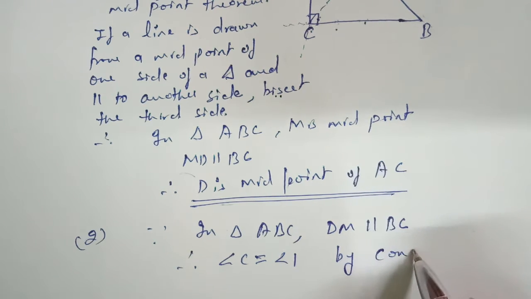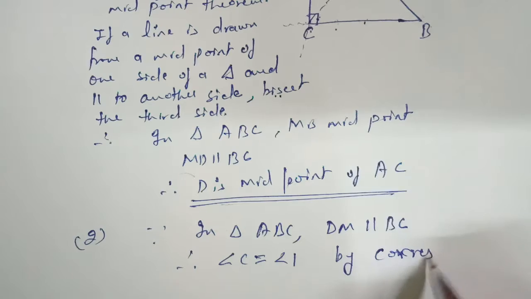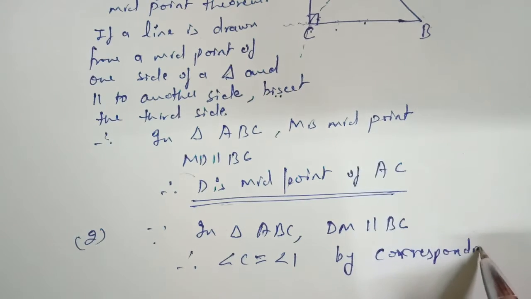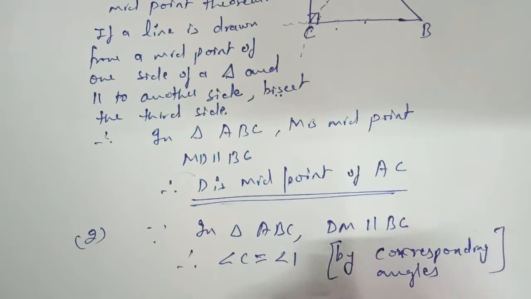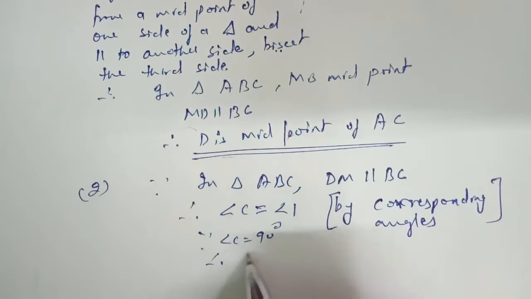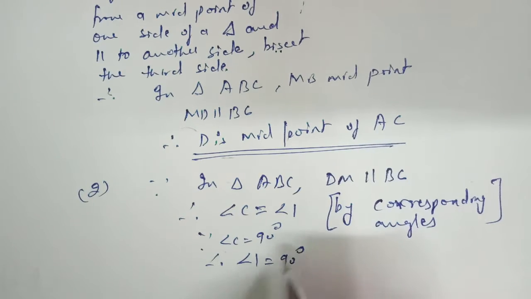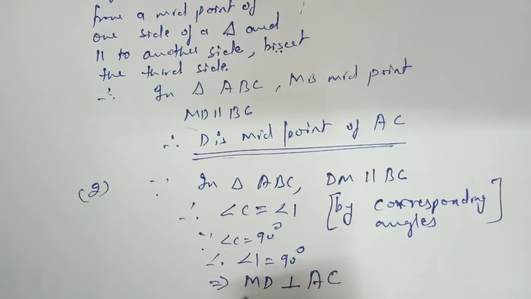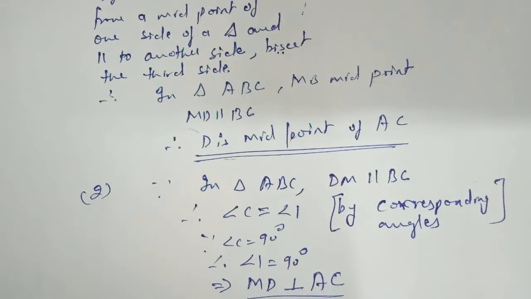By corresponding angles. Since angle C is equal to 90 degrees, therefore angle 1 is equal to 90 degrees. So this implies that MD is perpendicular to AC. So this is the second part that we get.